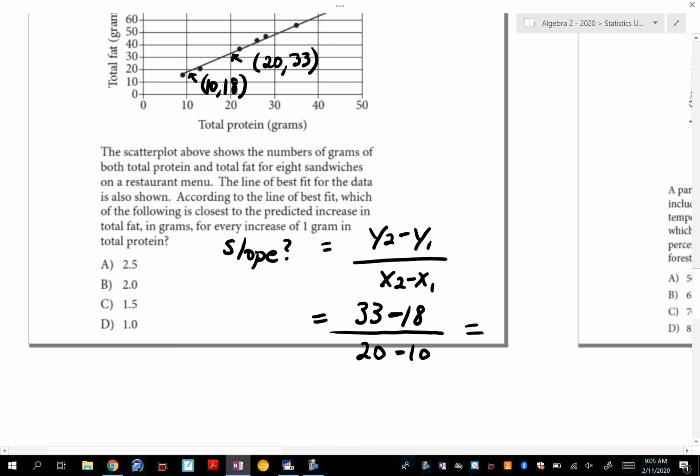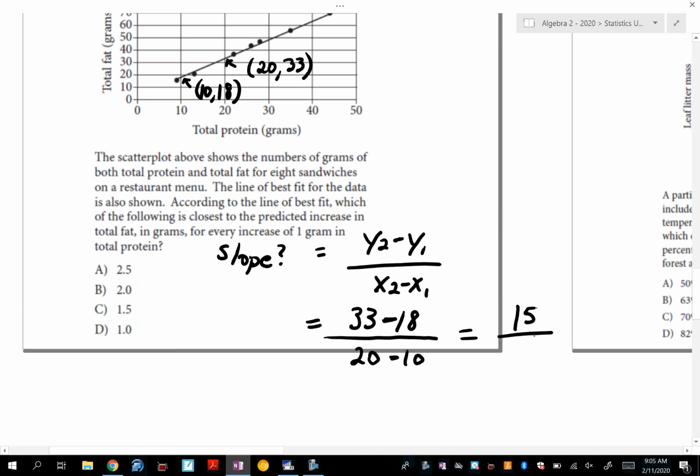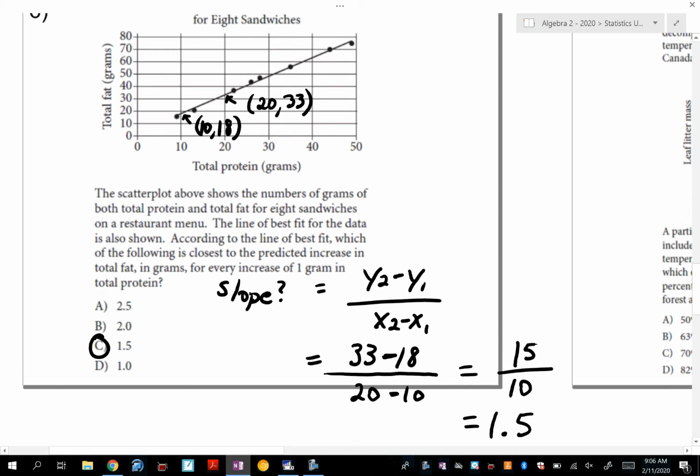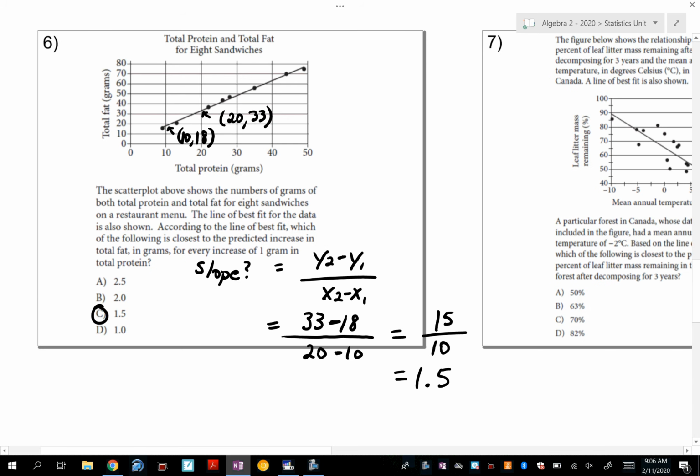If you do that math, you get 15 over 10. If you divide 15 and 10, you get 1.5. The answer is C. Now this was a tricky one because you actually had to use the slope formula, but hopefully you remember the change in y over the change in x. Okay, let's look at number 7.